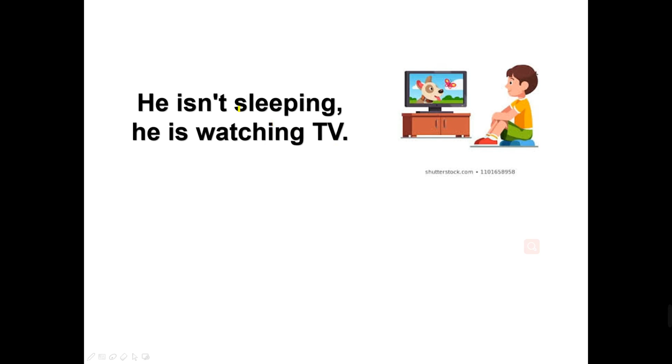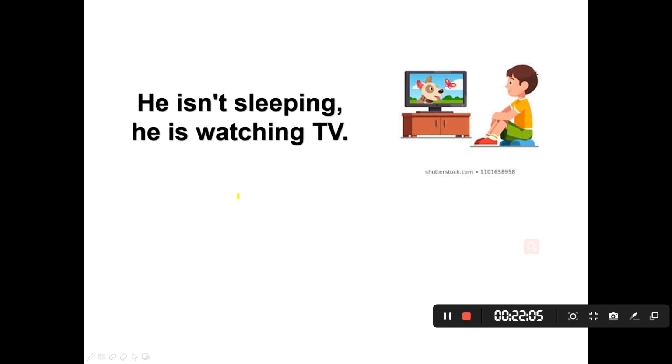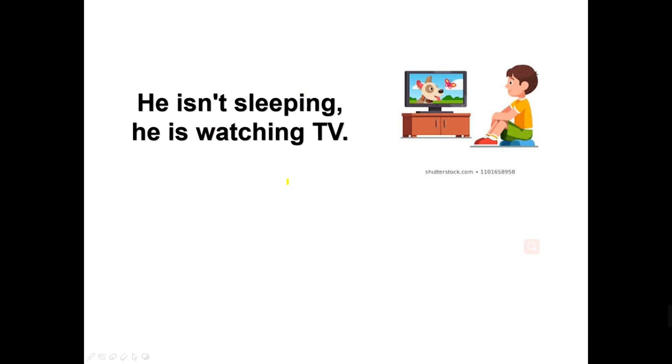I will show you some examples. From this picture, we can see the boy is watching TV, and he is not sleeping. So for this sentence, he isn't sleeping, he is watching TV, how to translate? Please think about it. There is a negative word, is not. So we can say 他不, oh sorry, we will learn 不 later.